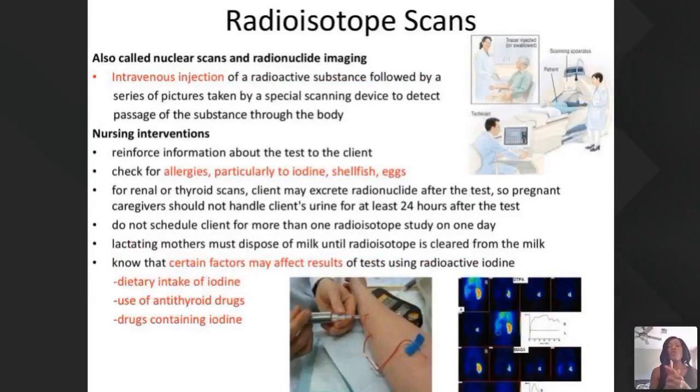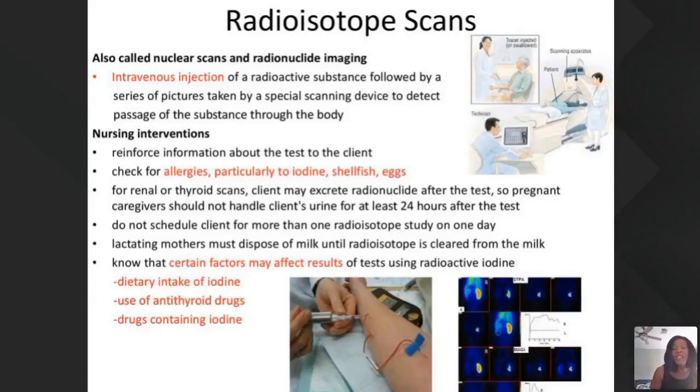All right, next one, radioisotope scan, or nuclear scan, same thing. The names are used interchangeably, but they mean the same thing. Those use intravenous injections of radioactive dye. So NCLEX, otherwise allergic to the substance that is made to make that injection.